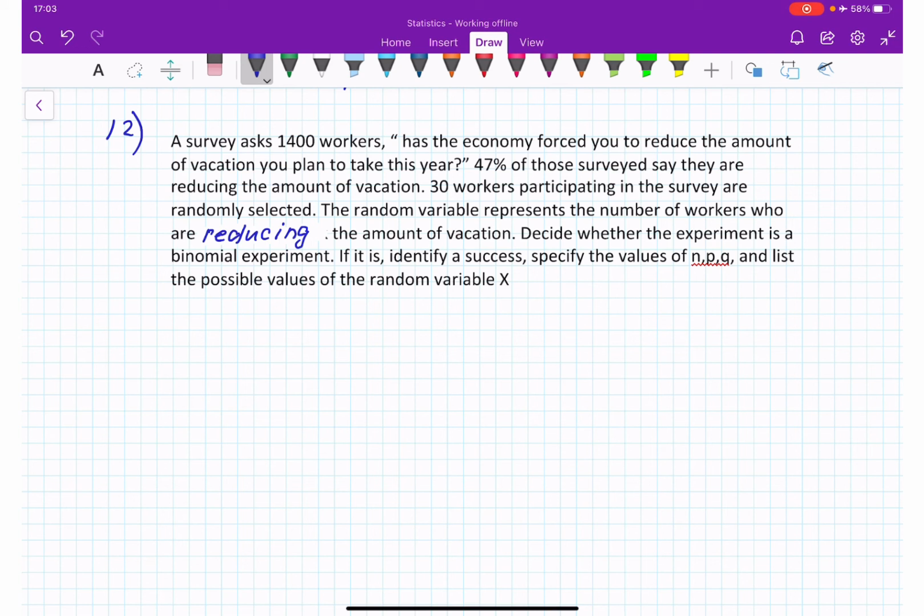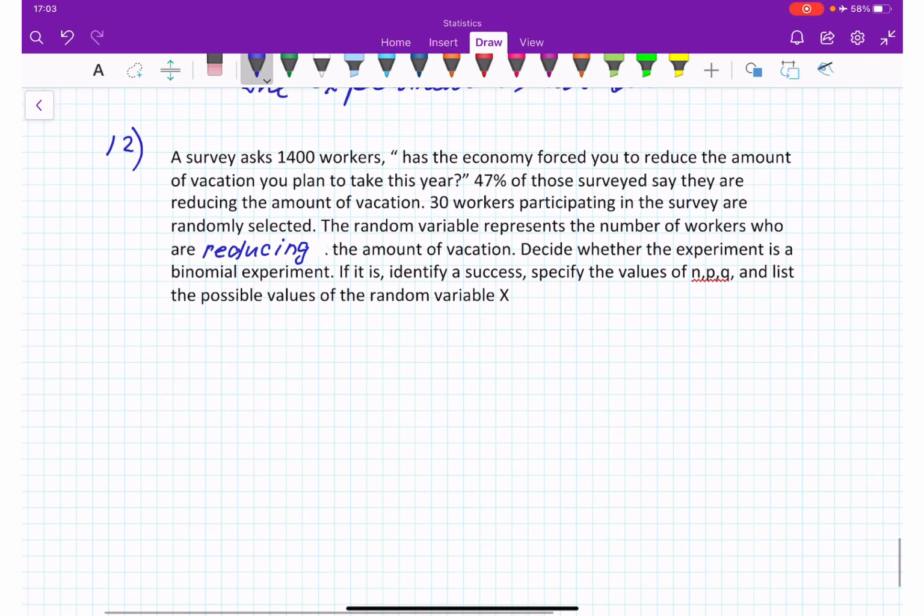Okay, so first let's identify if the experiment is binomial. First we need to determine whether the experiment is repeated for a fixed number of trials.